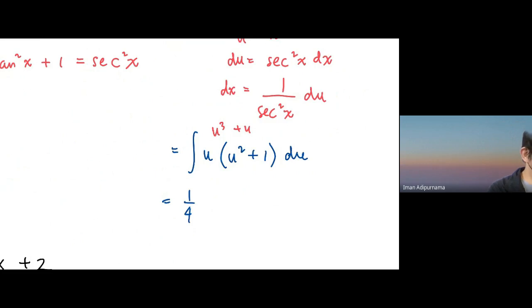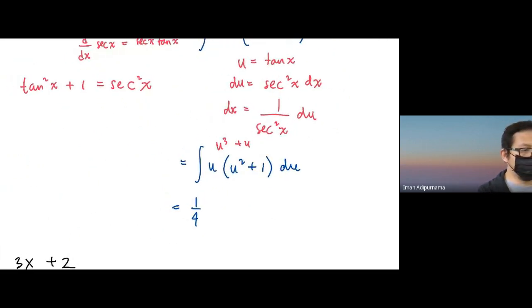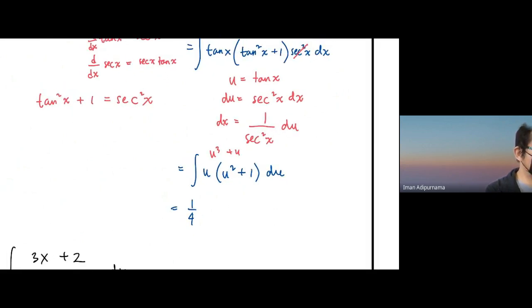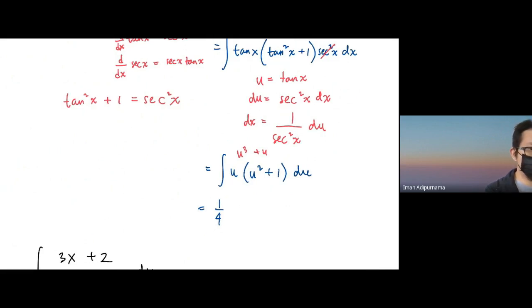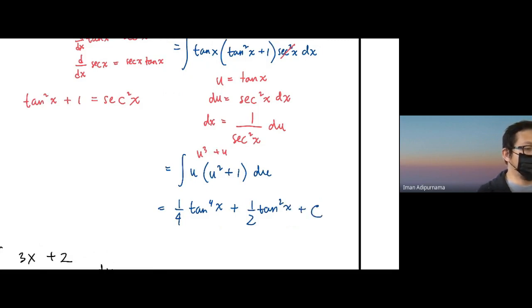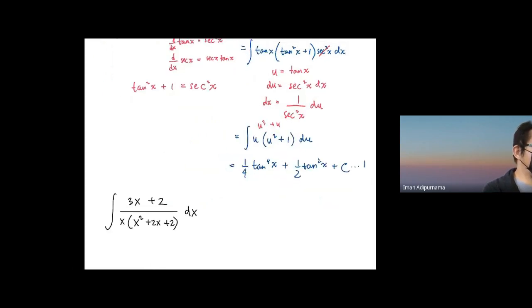U is a tangent. So tangent of x plus 1 over 2 tangent squared x. This is plus c. This is the first answer with this method. Okay.